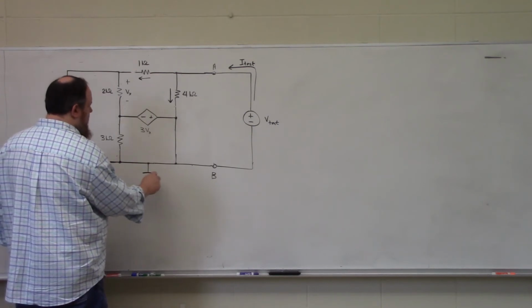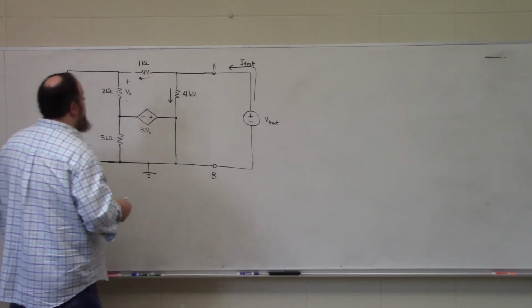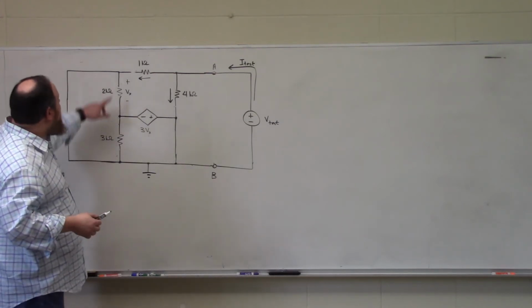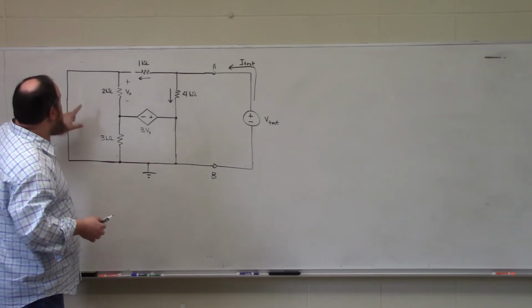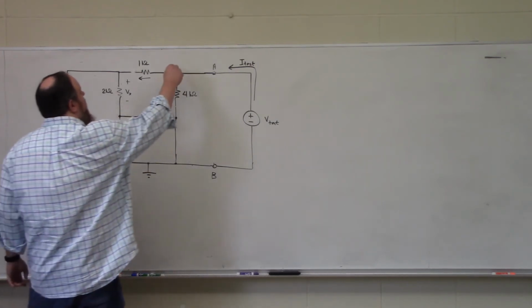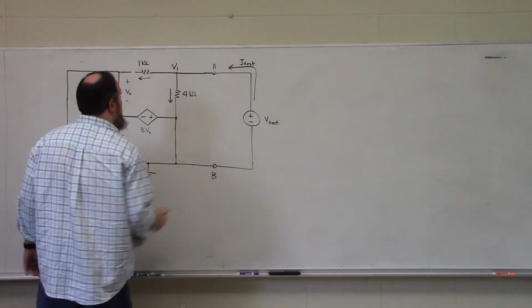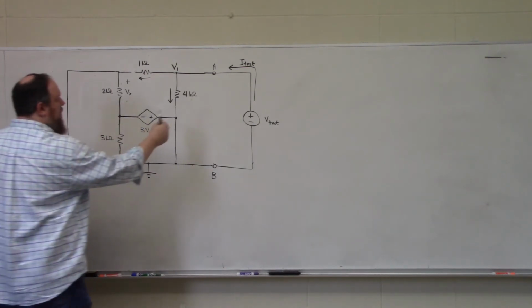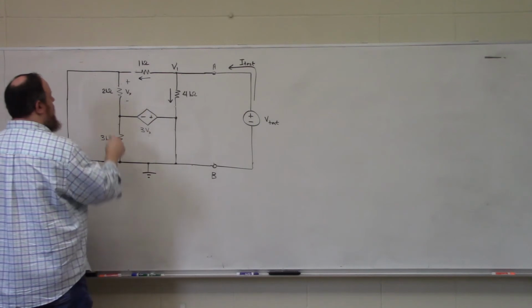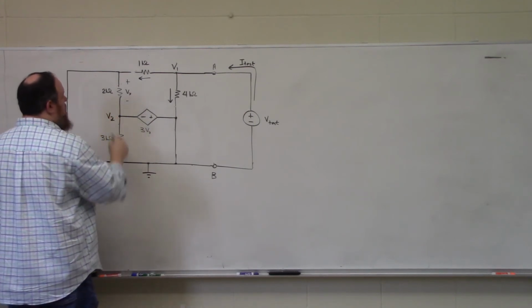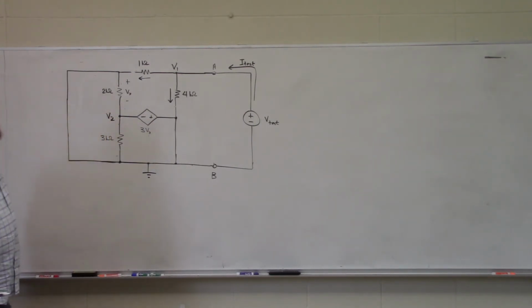So I'm going to do my nodal analysis trick, as it were, again, where I'm understanding that when I turn off my voltage sources, I only have this nodal voltage, which is going to be V test. This is connected to ground. All of this is connected to ground. So this is my only unknown voltage, V2, right here.